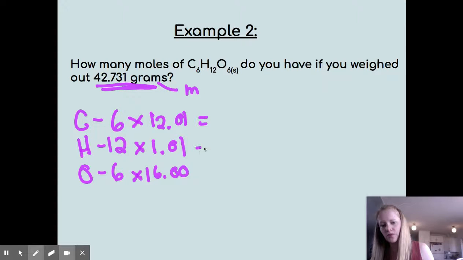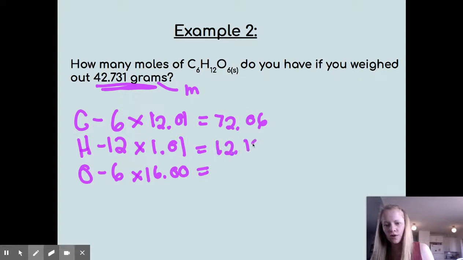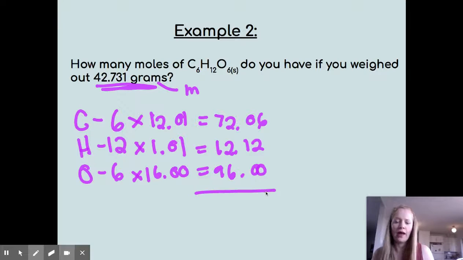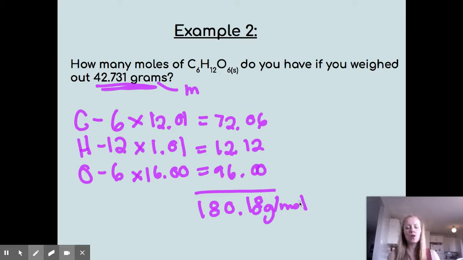So I multiply these guys out, and I should get 72.06 for carbon, 12.12 for hydrogen, and 96.00 for oxygen. Add them all up to find my molar mass, and I should get 180.18 grams per mole. Okay, so that's my molar mass.